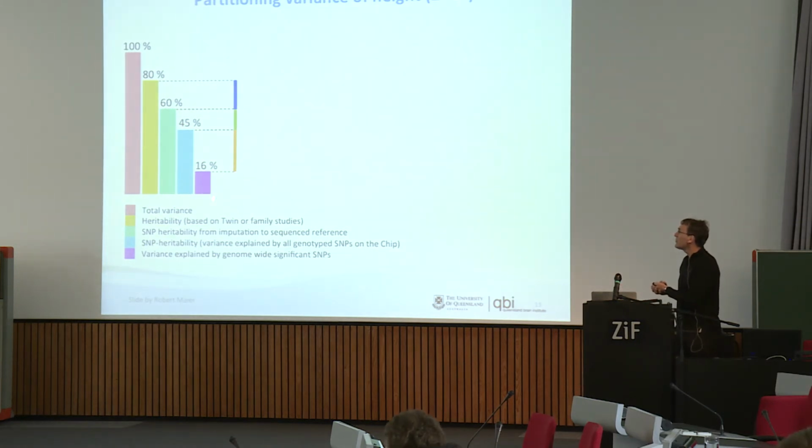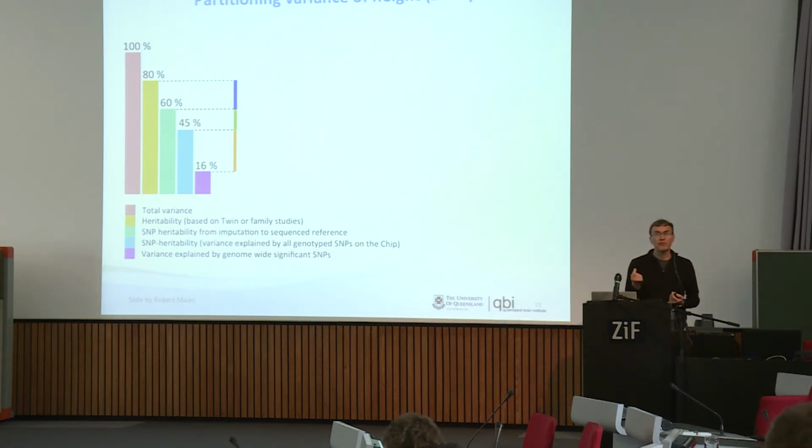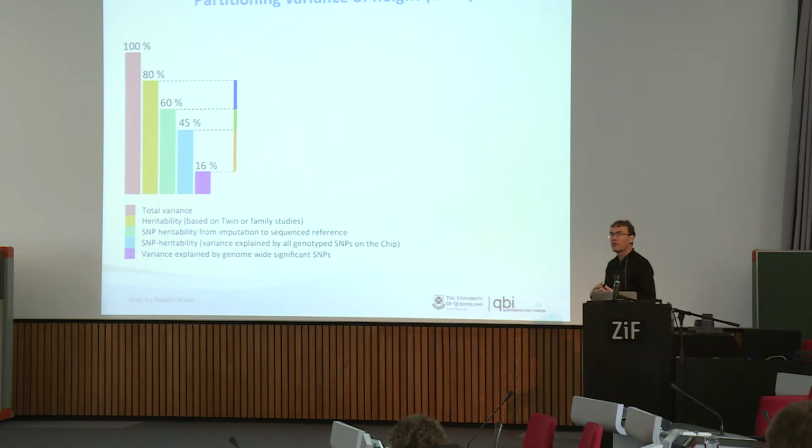We have 16% of variation that is captured from individual loci. Those are about 700 loci that are now robustly associated with height. And we have 45% of the variation that is actually captured by one of these SNP arrays that are used in genome-wide association studies, and that's basically common variation everywhere in the genome.